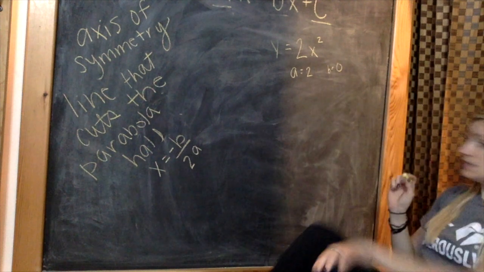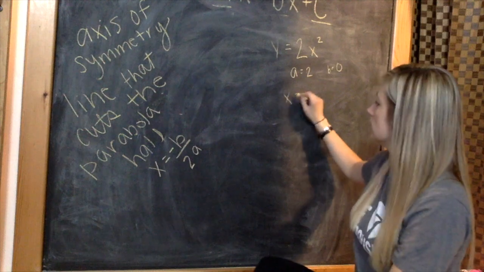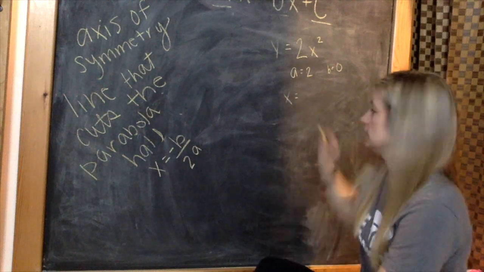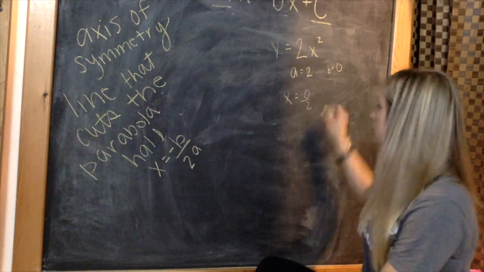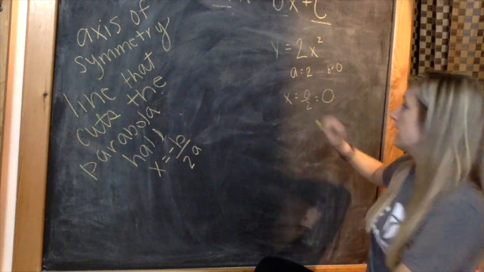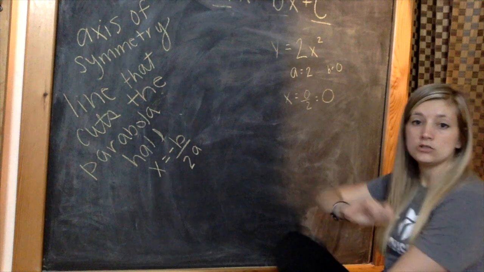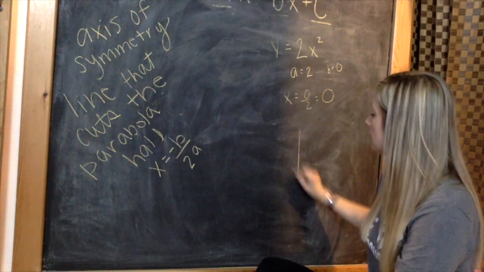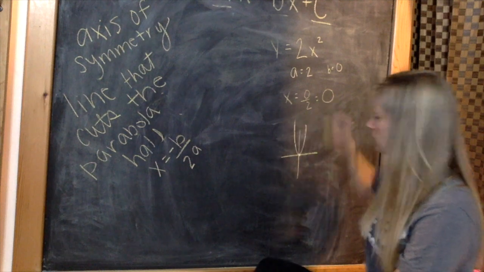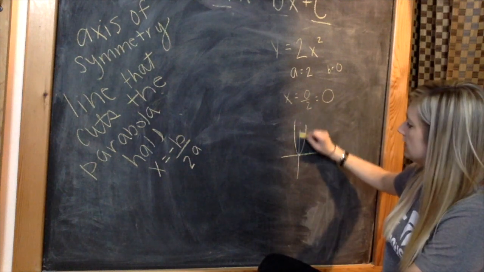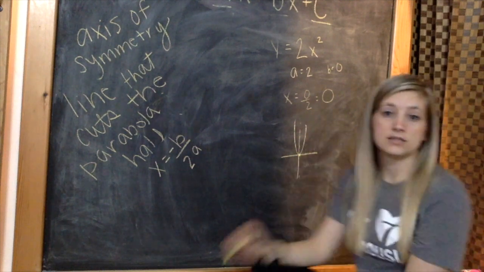So if b is 0, there is no such thing as opposite of 0. So 0 divided by 2. What's 0 divided by anything? 0. But again, if we have no b and c, then you should have just realized that it starts at the origin. And it's a stretch. And again, it cuts in half at x equals 0.